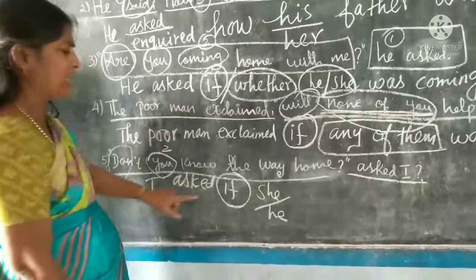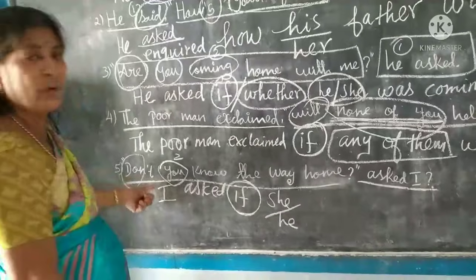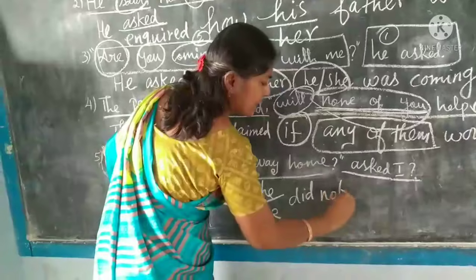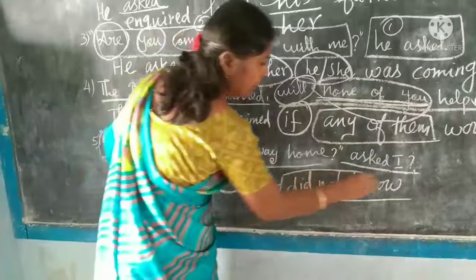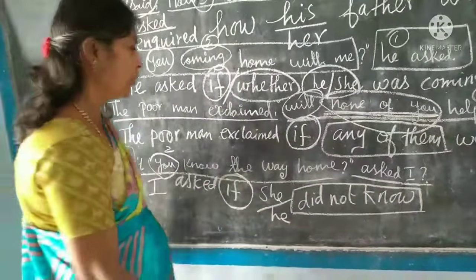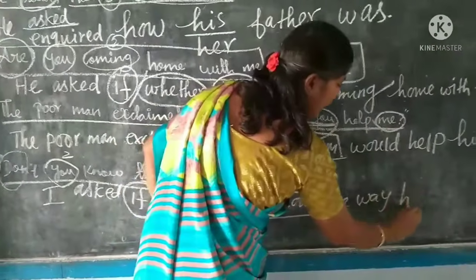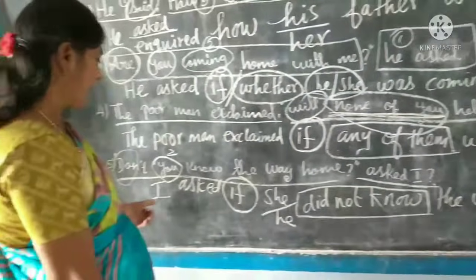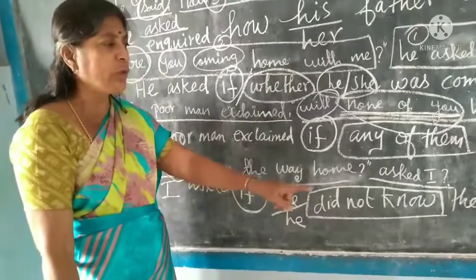Do not know is present tense; present tense will change into past tense. Do not know changes into did not know. So whether she or he did not know the way home. For going home, he may not know the way. So I ask whether he or she did not know the way home.